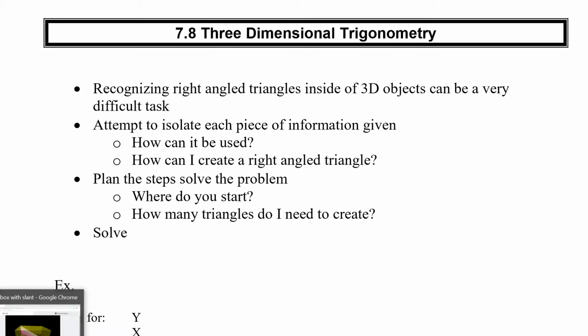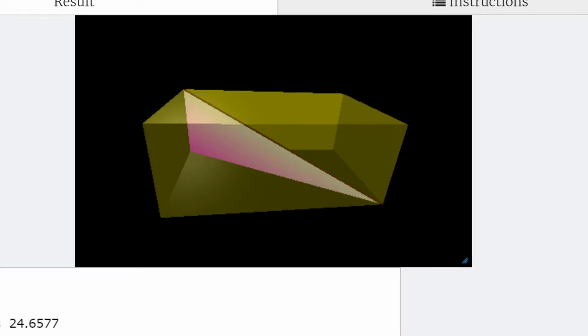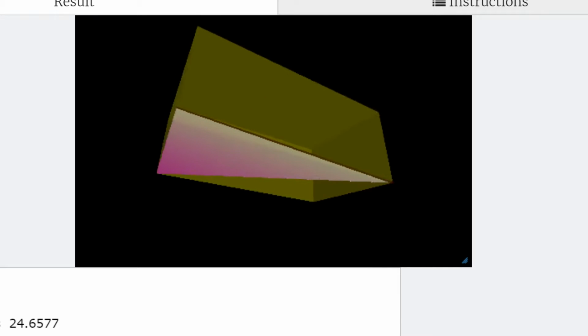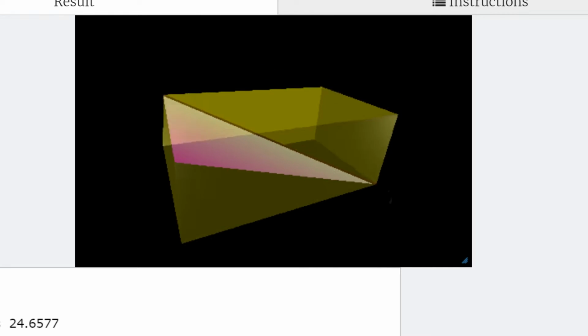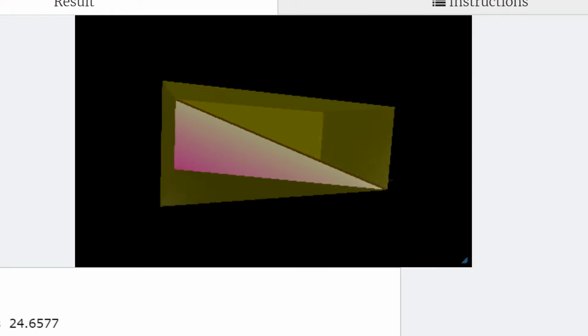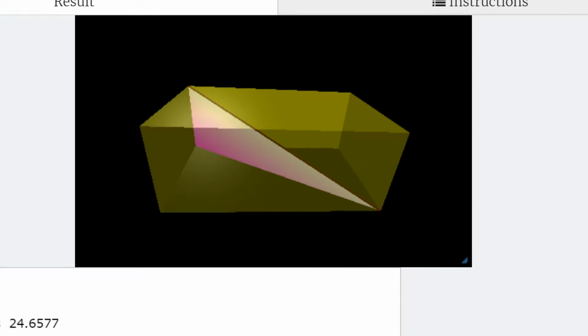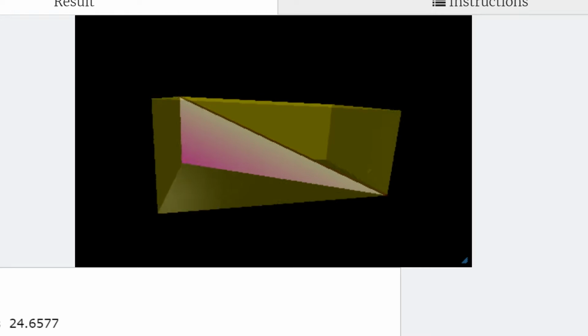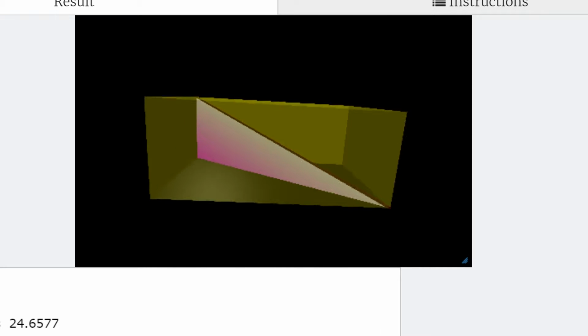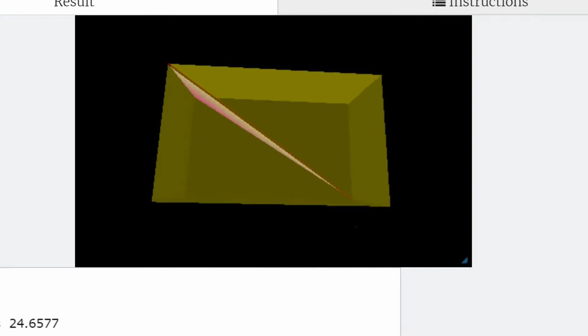I asked Mr. Speiser about this visualization using the coding language Python. What's so great about this demonstration is it really highlights where that right angle triangle is within the rectangular prism. I'm going to have the link to this in the description of this video, but you can see here that this literally lives inside.